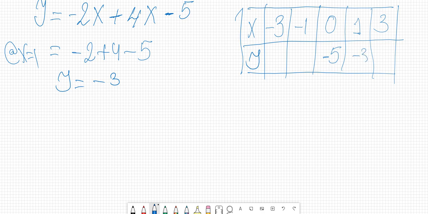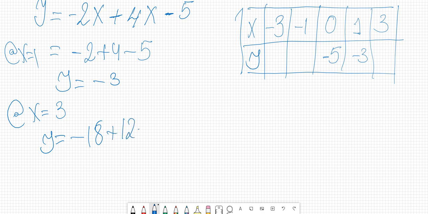So here is negative 3. At x equal to positive 3, y will be equal to minus 2 times 9, minus 18, plus 12 minus 5. So here we will have minus 23 plus 12, which is minus 11.